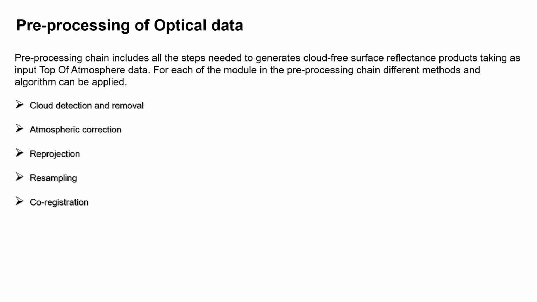For this reason, we need to pre-process the optical data in order to account for the atmospheric effects. We need to apply atmospheric correction to take into account gases and particles present in the atmosphere that can affect the incoming radiation, and we need to compensate this effect. Optical data pre-processing includes also cloud detection and cloud removal algorithms. Other pre-processing steps that may need to be applied are the reprojection, resampling, and co-registration.